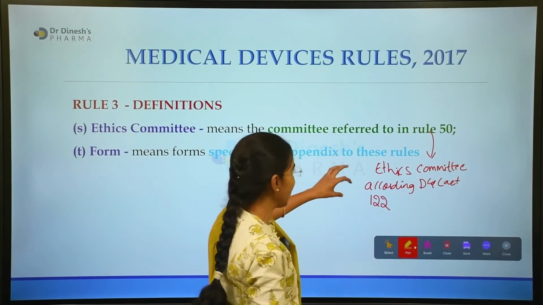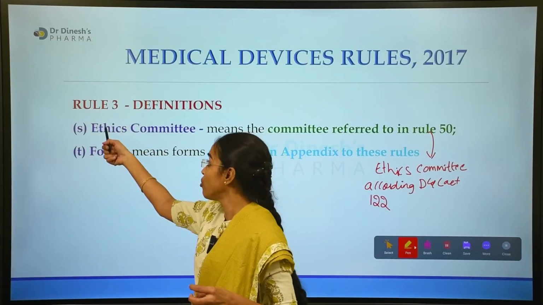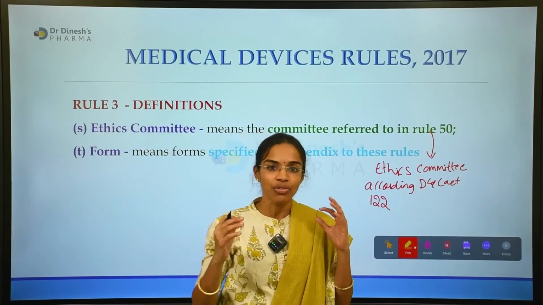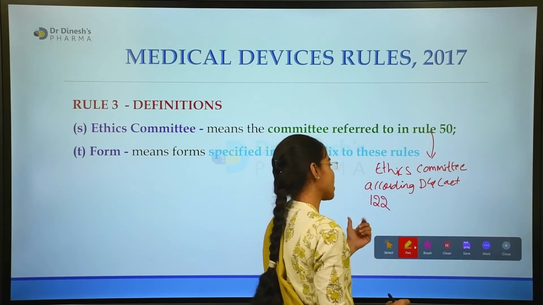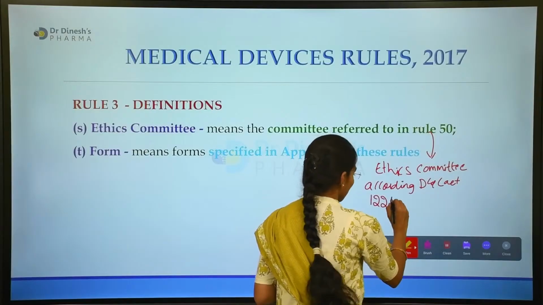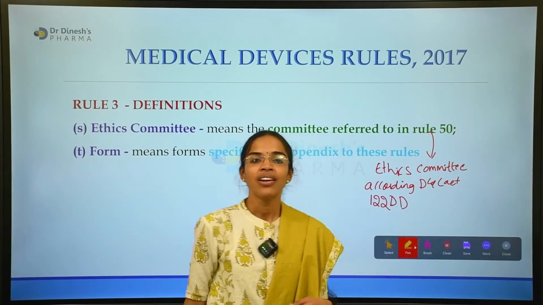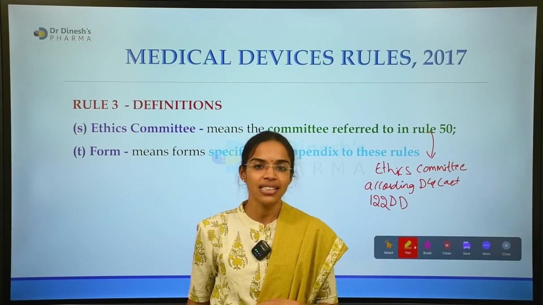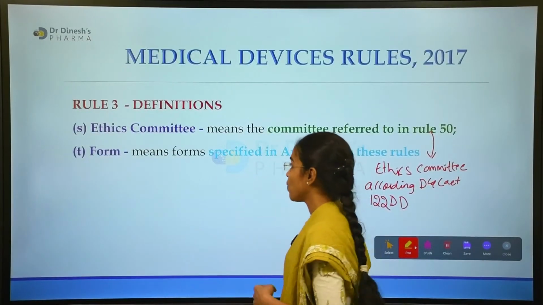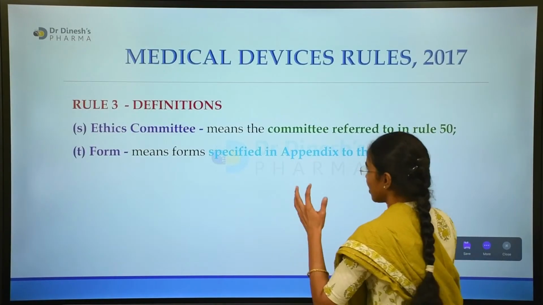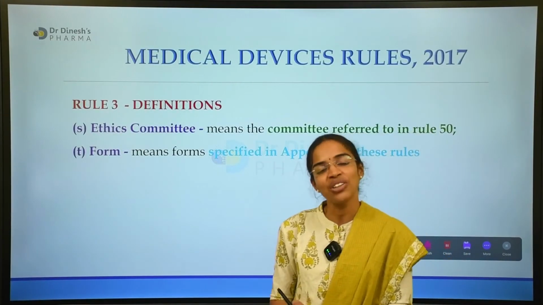The ethics committee in rule 3S of MDR 2017 is equivalent to the ethics committee of the D&C Act rule 122 DD. The ethics committee according to the D&C Act rule 122 DD. So this is about the ethics committee mentioned here in rule 3S.